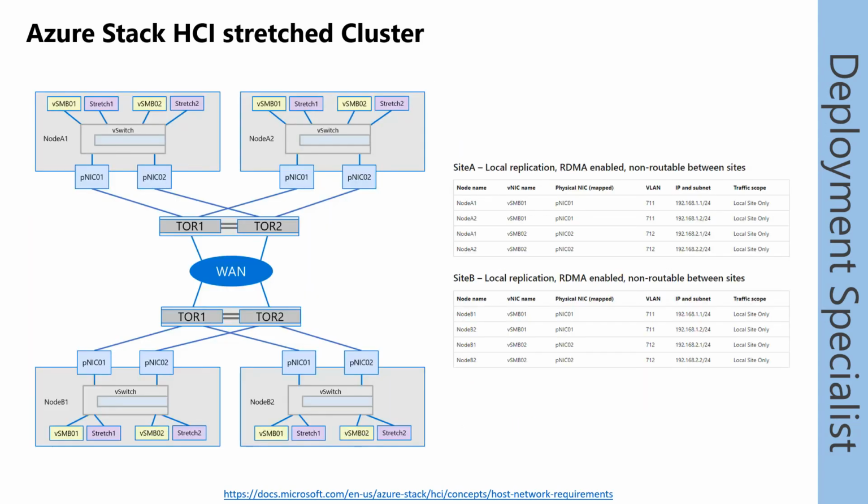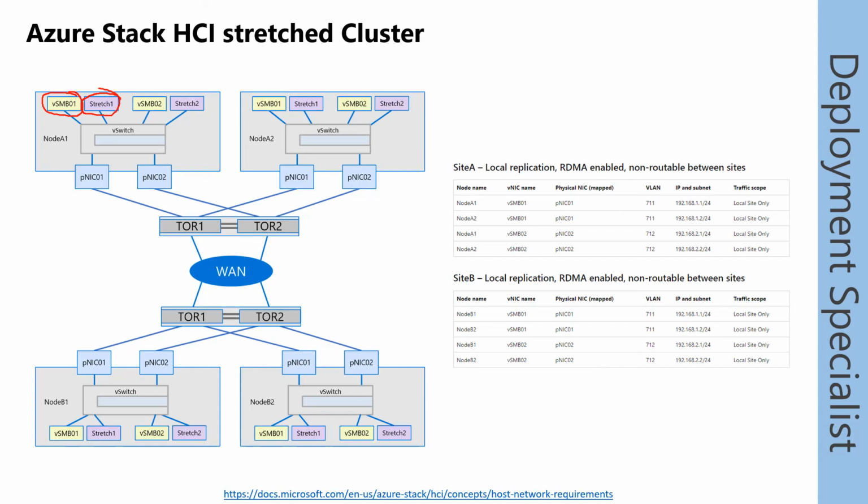When we look at a network configuration example, we can see the complexity here, because we have our network interface cards for the SMB traffic inside the cluster, and we have our network interface cards for the stretching.